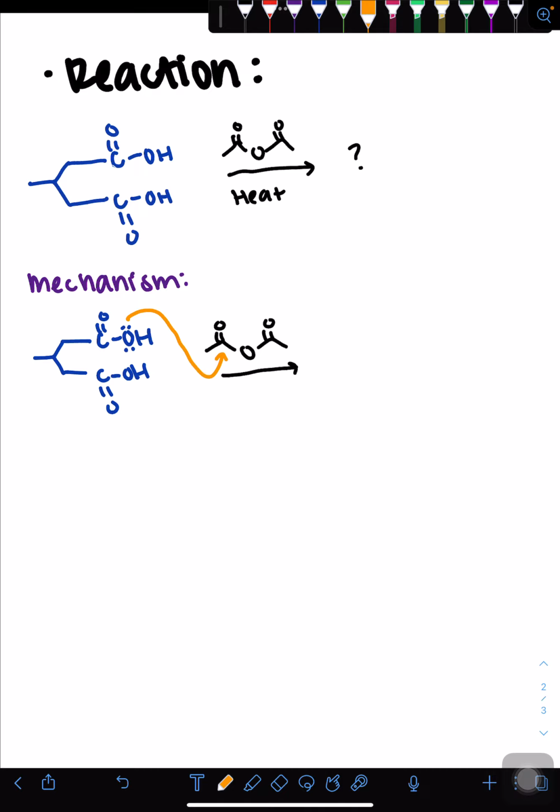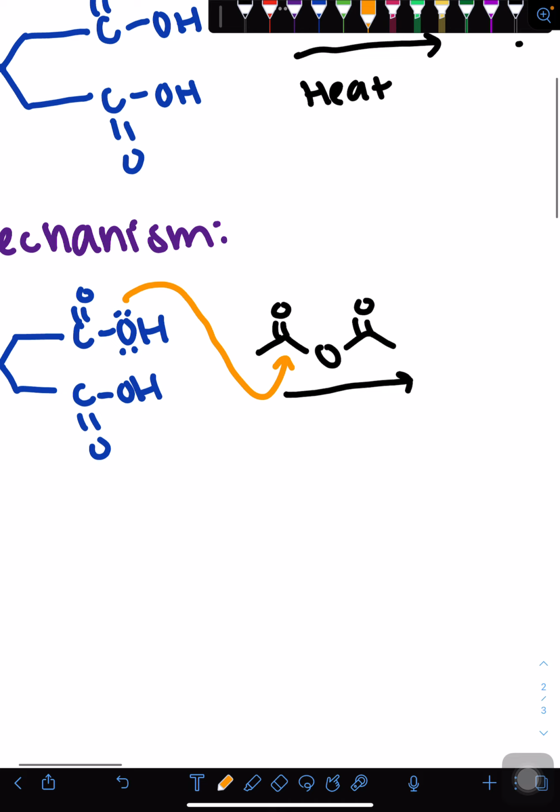This is all happening at the exact same time. The double bond is going to break and go back to this oxygen, but then this oxygen is like, actually, no, so they're going to give it back. And then this bond here is going to go all the way over to this carbon.